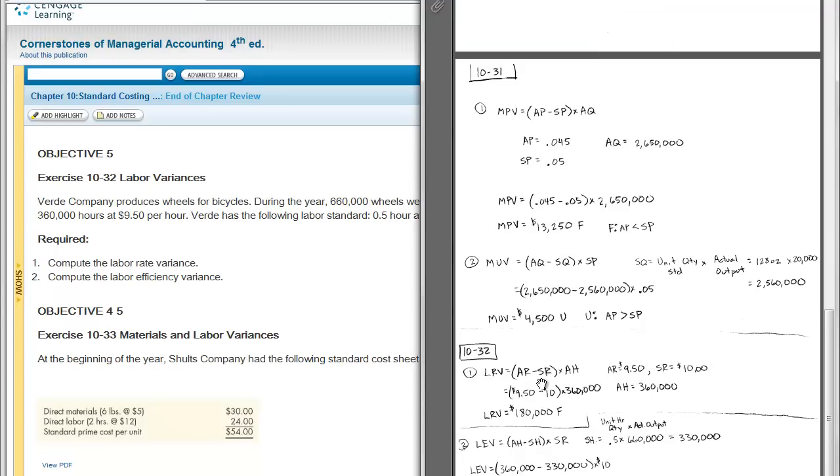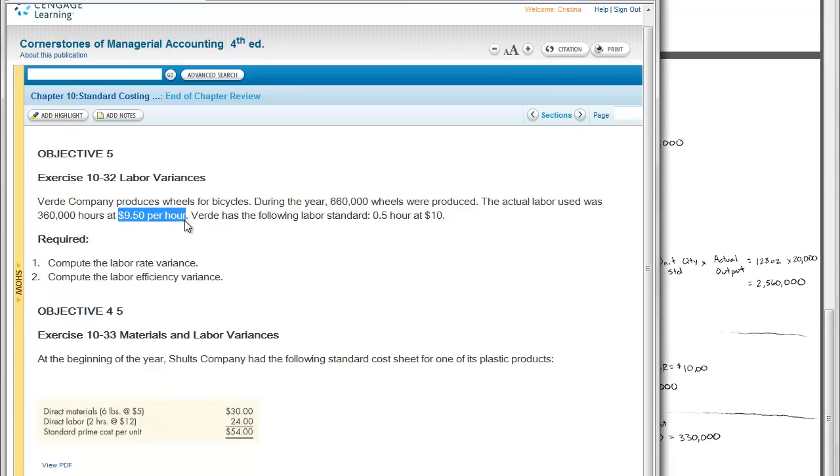And this is going to look pretty similar to the equations when we're talking about materials. We're just switching gears and looking at labor instead. So the labor rate variance, we're going to use the actual rate minus the standard rate, and then multiply by actual hours. So we can take a look back to the problem. The actual rate is given as $9.50 per hour.